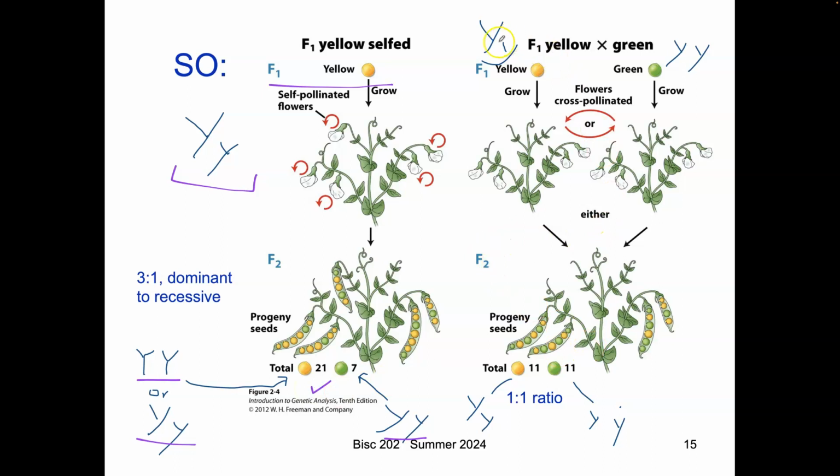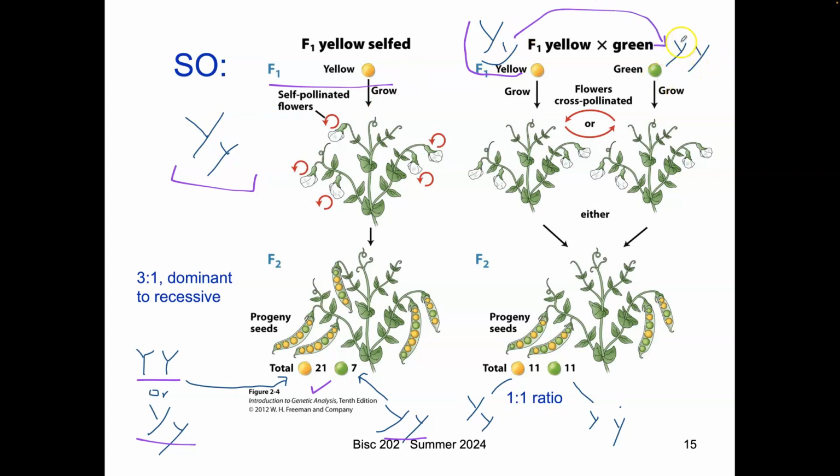Now, one thing he did that was clever and actually a good idea is he did what is called a test cross. He crossed individuals that were F1 yellow, and so he had already decided that they must have one of each of these factors, these particles, whatever they were. And so he decided to test that by crossing to individuals that were green.